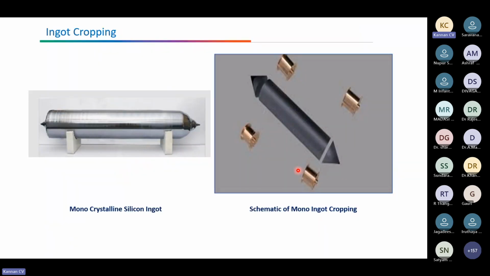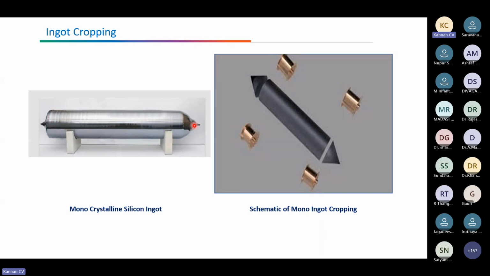And this is what the final crystal looks like, whatever the length and diameter may be, changing according to the requirement. The overall crystal looks like this. Normally we call this the top of the crystal, and this is the body, the crown and body, and this is the tail.